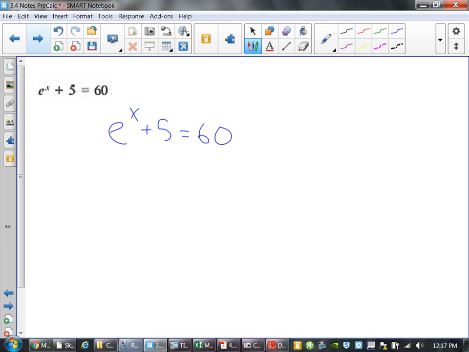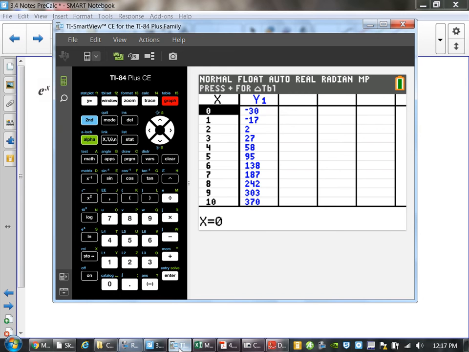Subtract 5 from both sides, so we get e to the x is 55. Very good. Here you would take log base e of both sides, but log base e is? Natural. So once you natural log both sides, you get x equals the natural log of 55. Which means you have to hit a button. Calculator.